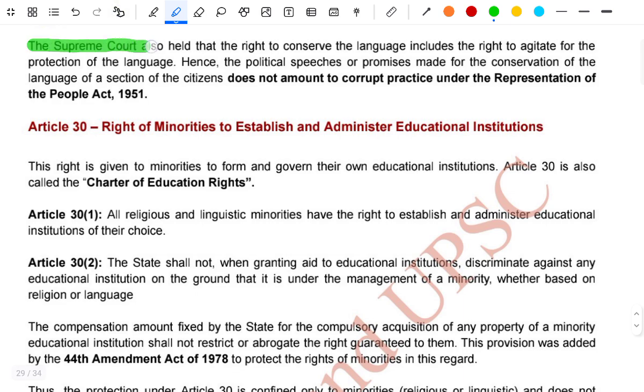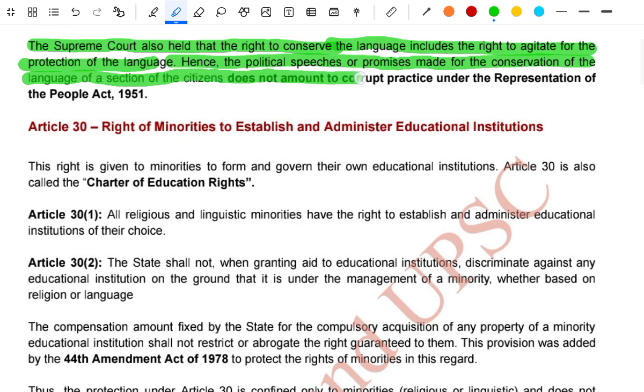The Supreme Court also held that the right to conserve a language includes the right to agitate for the protection of the language. Hence, a political speech or promises made for the conservation of the language of a section of citizens does not amount to a corrupt practice under the Representation of the People Act, 1951.